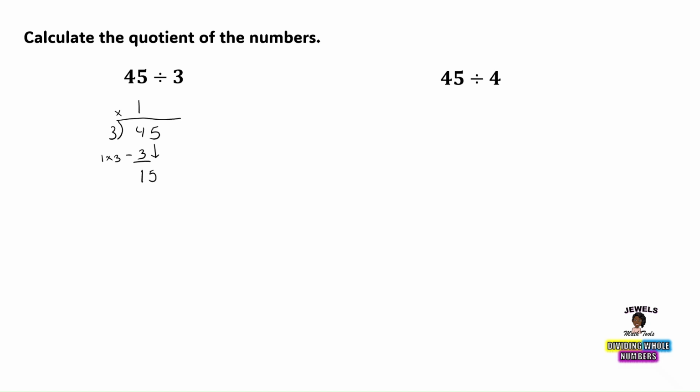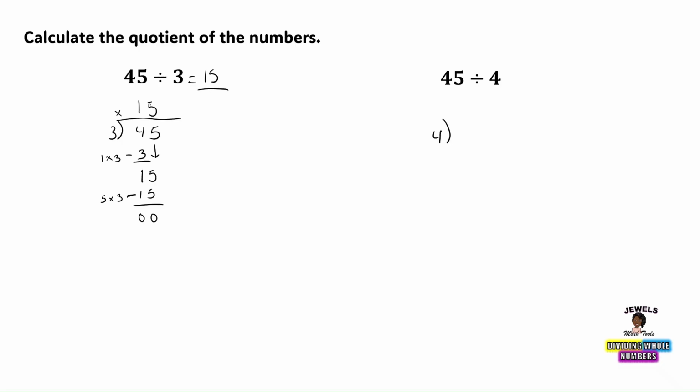So we divide 3 into 15, which is equal to 5. When 5 is multiplied by 3, we get the product of 15. And 15 minus 15 equals 0. So our quotient for 45 divided by 3 is equal to 15.